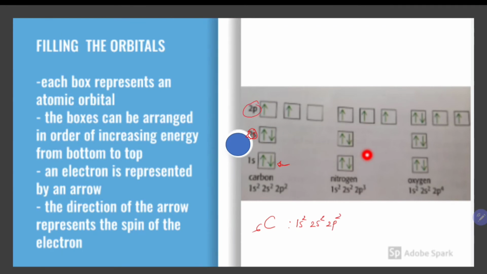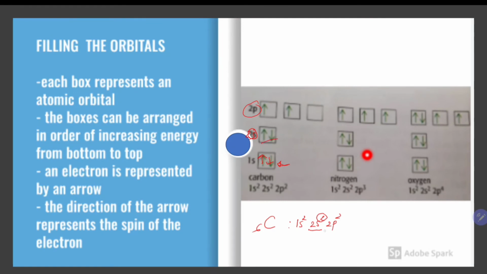In 1s there are 2 electrons. The arrows here are in different directions, clockwise and anti-clockwise. And in 2s there are 2 electrons with different spin here.